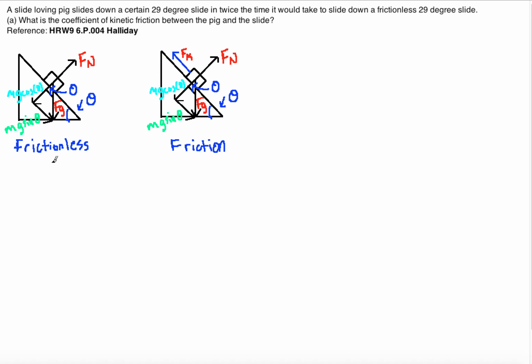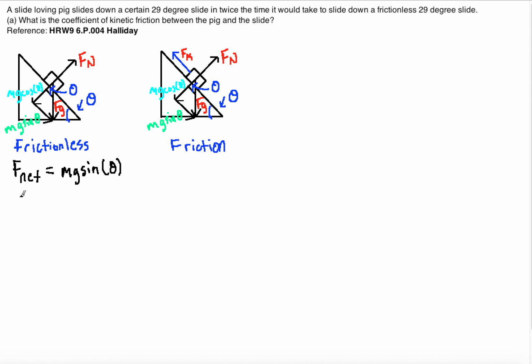So first let's take a look at the frictionless model, because it's a simpler model. What we can deduce here is that the forces acting in relation to the plane give us that F net is equal to this component right here, mg sine of theta.